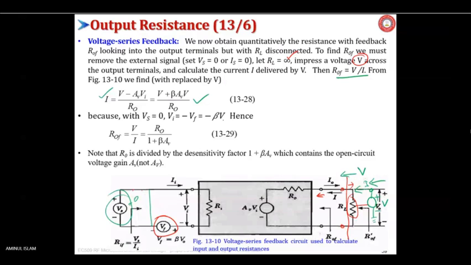I equals V minus AV into VI, divided by RO. This thing can be written? Yes. Applied voltage is V, and you have already another voltage generator, voltage source. So the difference between those two voltages, divided by RO, is the current. So can you write this part?